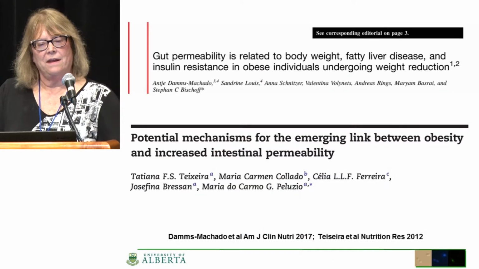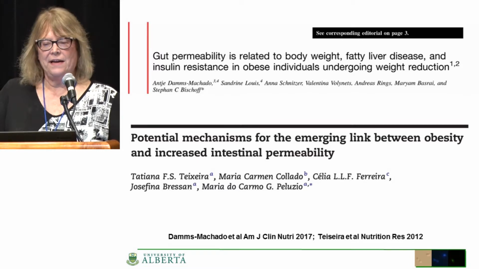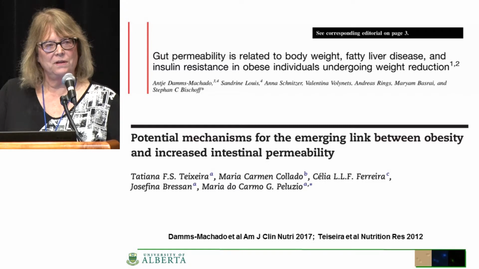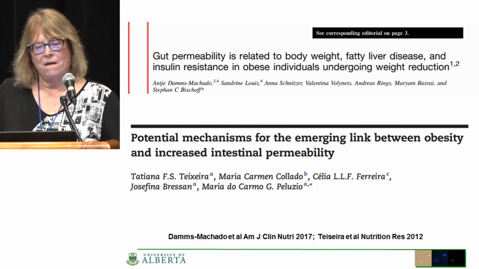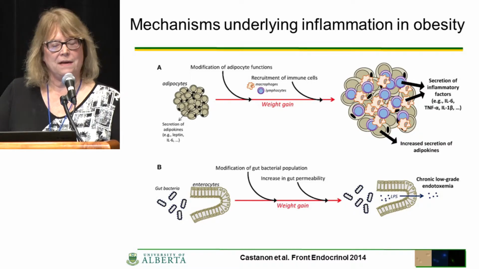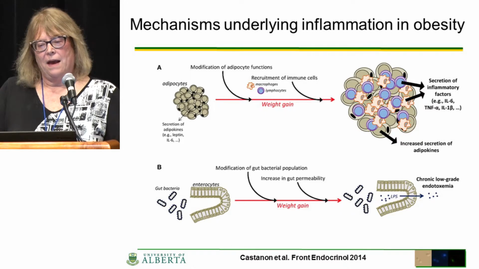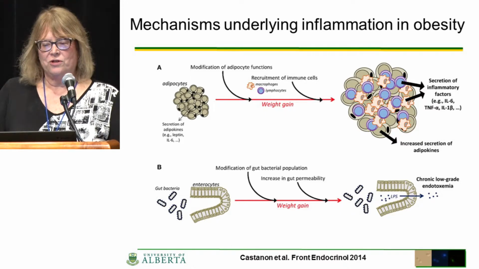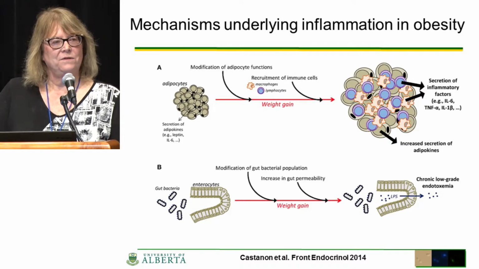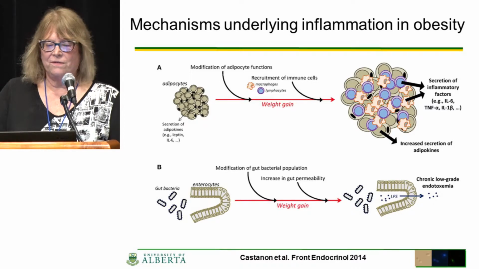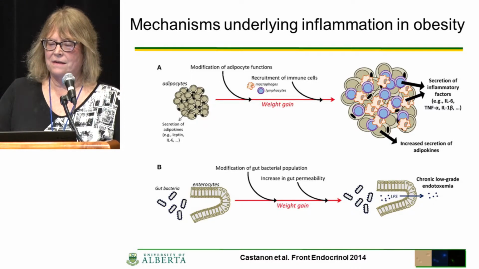Gut permeability is highly related to body weight, fatty liver disease, and insulin resistance in obese individuals, and there is a clear link emerging between obesity and increased intestinal permeability, leading to inflammation, which leads to the problems of insulin resistance. So again, an increase in adipocytes drives secretion of adipokines and IL-6.